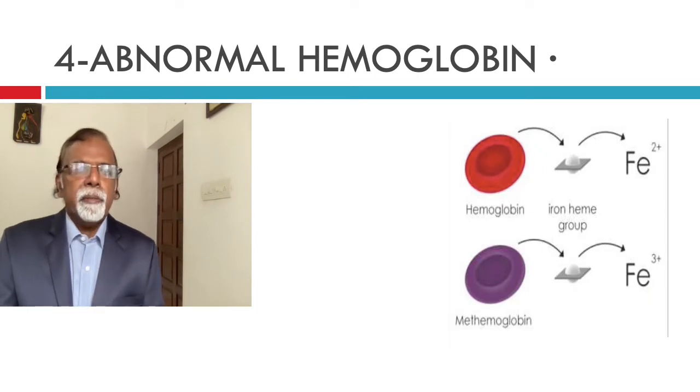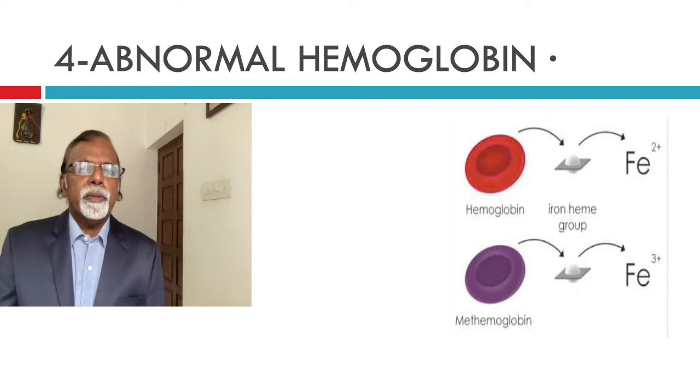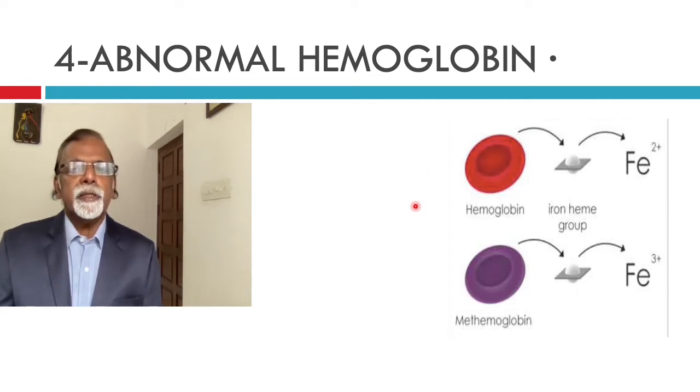It's important to keep in mind abnormal hemoglobin. I have told you that in hemoglobin, the iron is in the ferrous state, and when the iron in the heme is in the ferric state, it is called methemoglobin. So this is the ferrous state and here it is the methemoglobin.